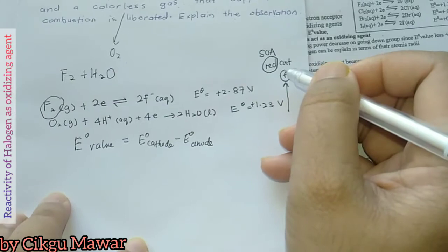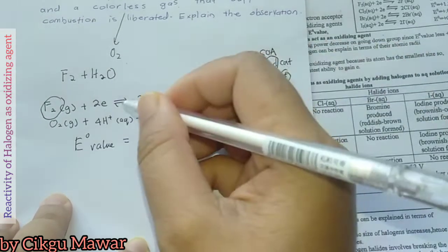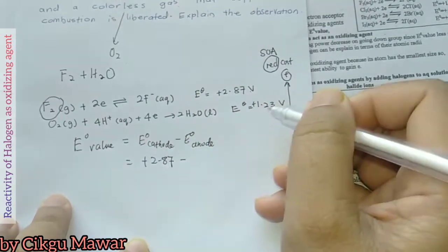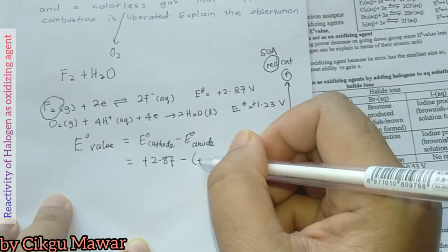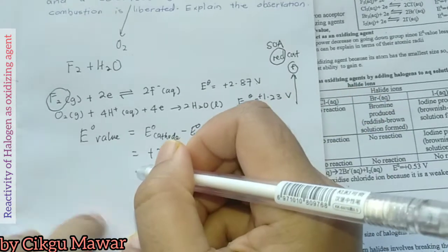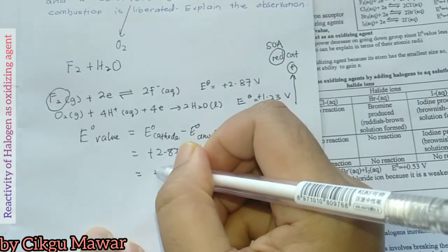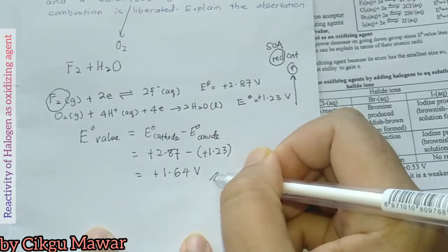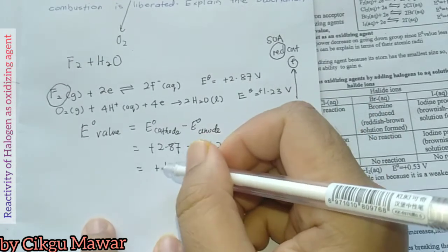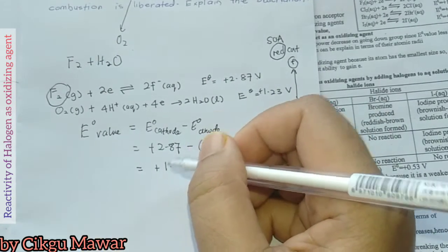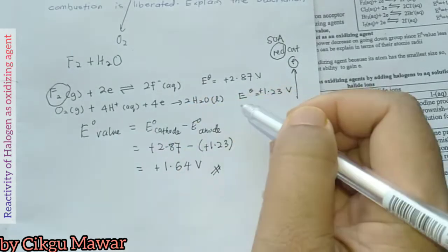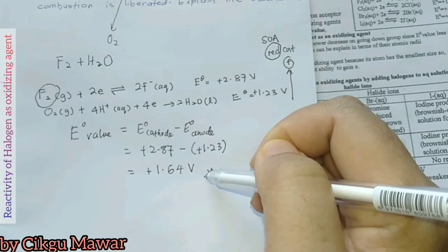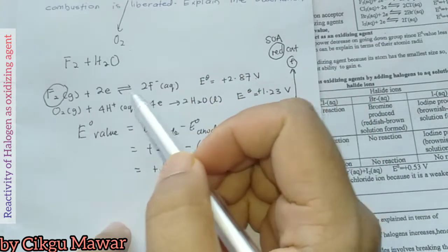The cathode is for sure the reduction, fluorine, so positive 2.87 minus positive 1.23, so you will get positive 1.64 volt. You see that the E naught value is positive, which means this reaction is feasible and can occur spontaneously. So this equation will occur.